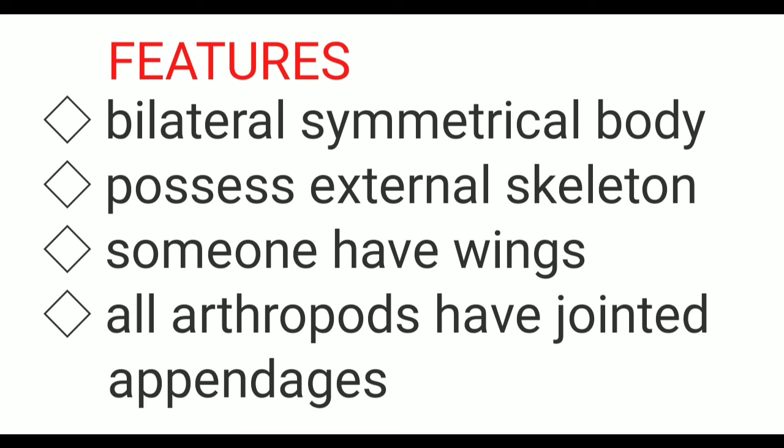Bilateral symmetrical means if the animal can be divided into two equal halves along one axis, it is called a bilateral symmetrical animal. These arthropods also have a bilateral symmetrical body.